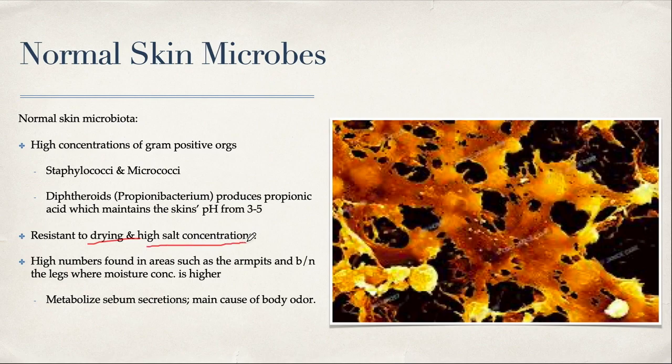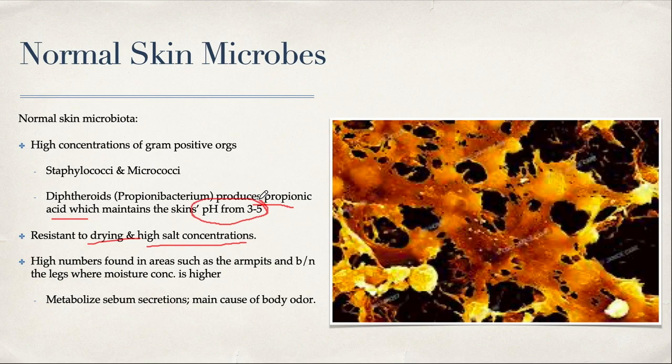So in addition to staphylococci and micrococci, you also have the diphtheroids, which also produce acidic end products, and that keeps the pH of the skin in an acidic range from 3 to 5.